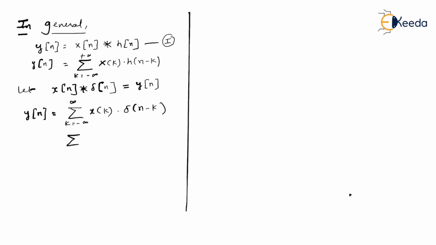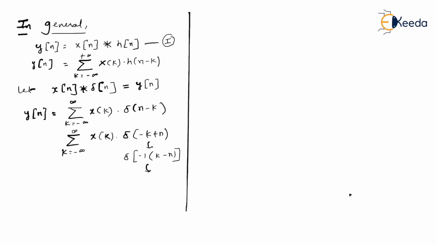Or I can rewrite this, k equal to minus infinity to plus infinity x of k dot del of minus k plus n. You know that your main variable is k and not n, so I can make this as coefficient free by taking minus 1 out. What remains inside is k minus n.